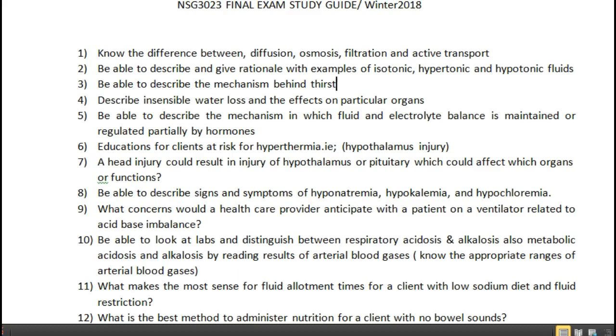And remember, I told you guys, arterial blood gases is the ABGs. That's where we get mainly into respiratory and metabolic acidosis and alkalosis. So those are the type of things that you may want to look for.